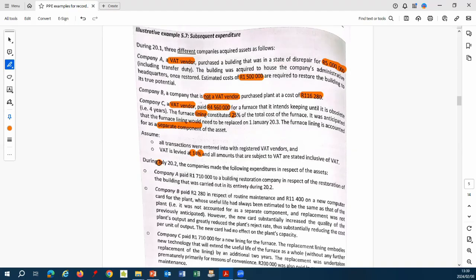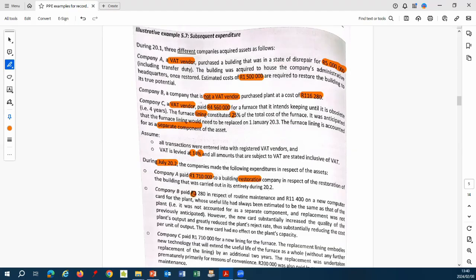And what happened with regards to those assets? In July 20.2, so this was after having acquired it in 20.1, this has happened afterwards. So we know that it is subsequent expenditure. Company A paid 1710 with respect to restoration of the building.